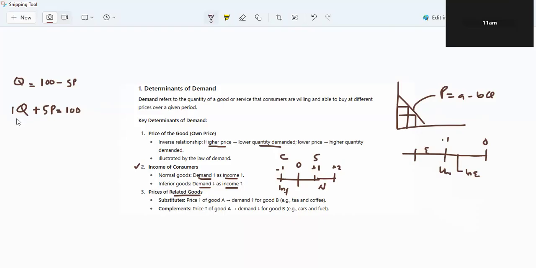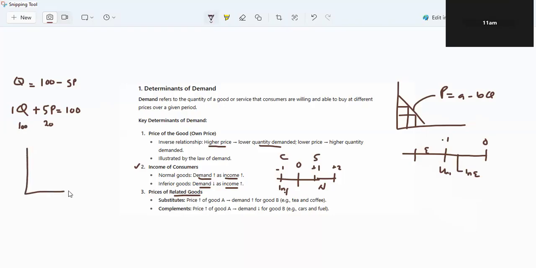So when you do this, you want to sketch these equations. Where will it cut the Q and the P axis? So 5 into 100, what do we get? 20. There's a 1 there. 1 into 100, we get 100. So this is what we call the intercepts.